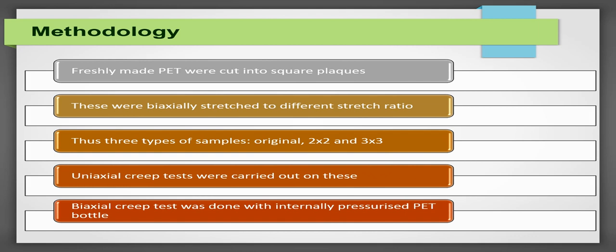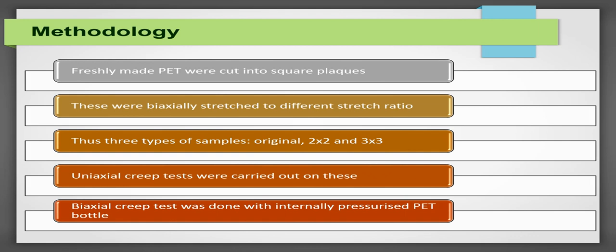So that gave us three different samples, the original or unprocessed sample, the 2 by 2 sample, and the 3 by 3 sample. Then creep tests were carried out on all these samples, and that is uniaxial creep tests.